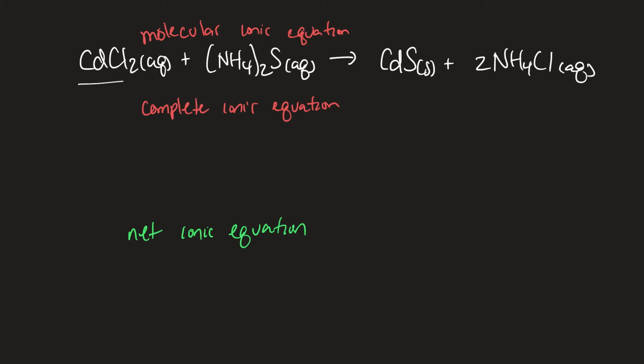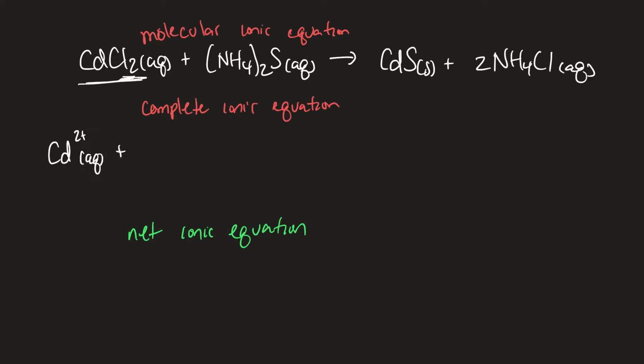Let's look at this first example. We have cadmium chloride, which is aqueous, so we need to break it up into its respective ions. We have cadmium here, bonded to chlorine. Chloride is a -1 ion, but there are 2 of them, so cadmium must be a +2 charge. So I'm going to write Cd +2 aqueous.